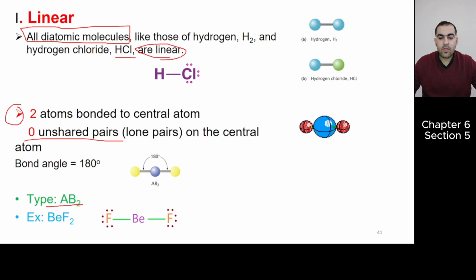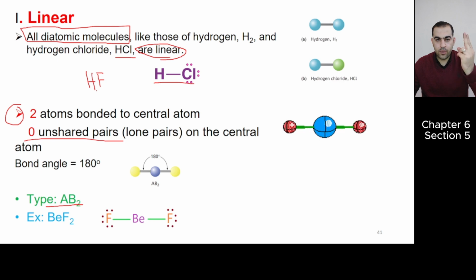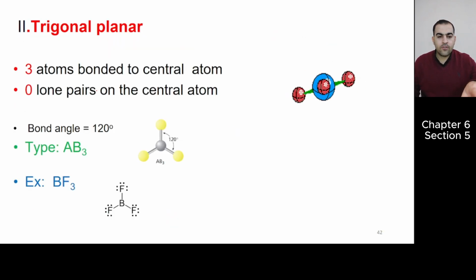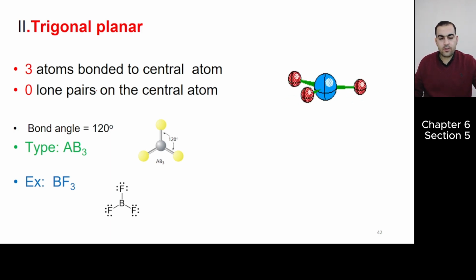When you see a molecule made of only 2 atoms, like hydrogen fluoride, made of a hydrogen atom and a fluorine atom, 2 atoms, it's always linear. Okay. Trigonal planar, again, 3 atoms bond to the central atom, 0 lone pairs. AB3, this is how they're shaped, guys.